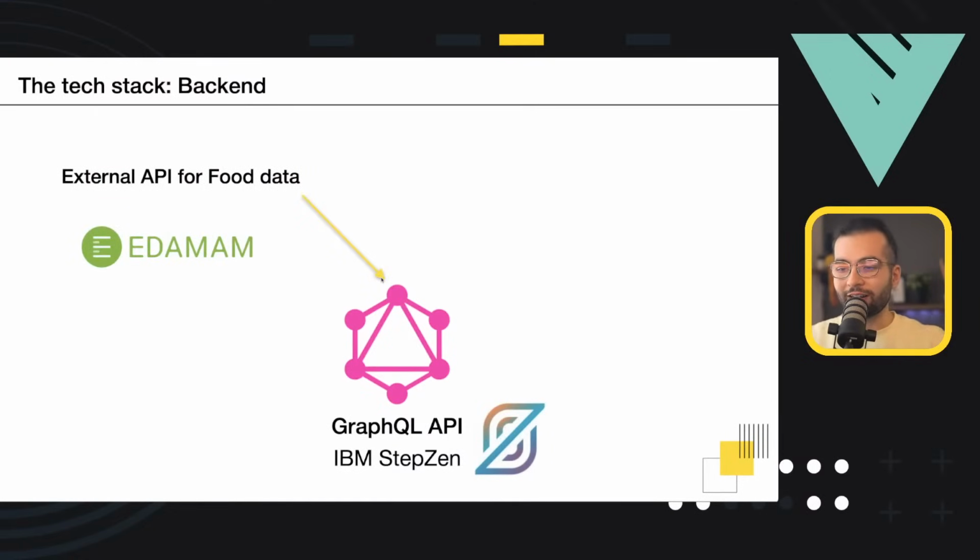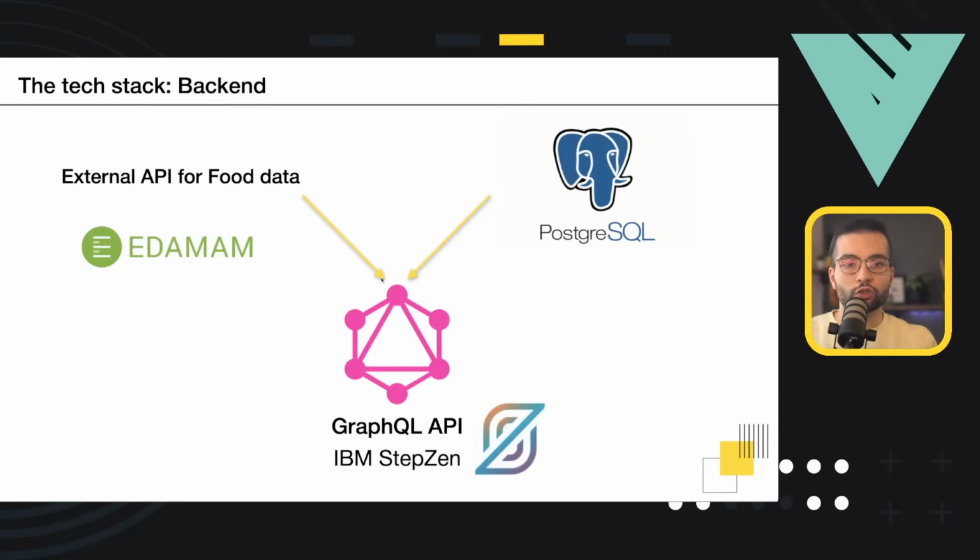That's actually the power of IBM StepZen because we can connect with different data, and on one end, we're going to get data about food and nutrition from Edamame, I think that's how you pronounce the API, which is an external API. But we're also going to connect it with a custom Postgres database that we're going to create and host ourselves for additional features like daily logging and tracking these food items.